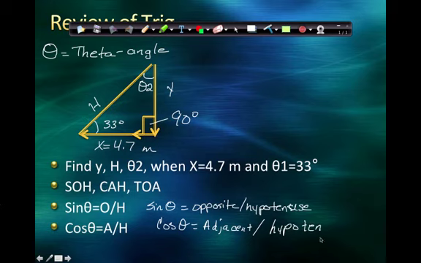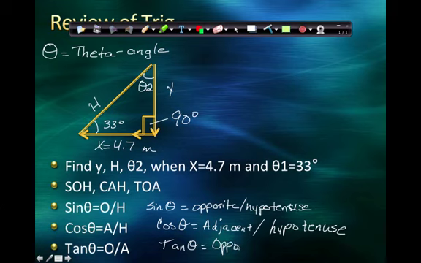And then TOA is the tangent of theta, and that's equal to the opposite side divided by the adjacent side.